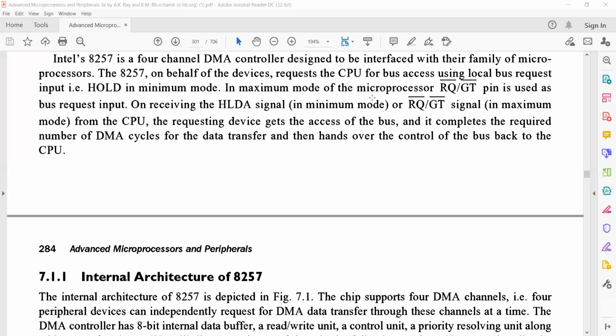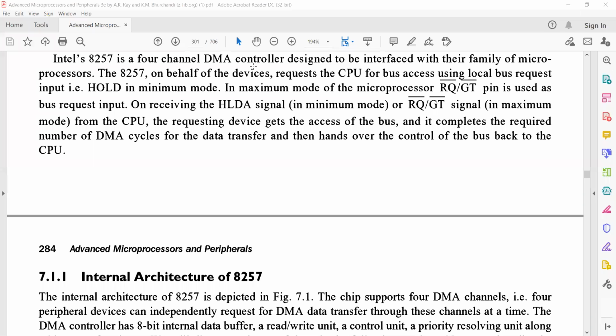This 8257 DMA controller is manufactured by Intel, and it is a 4-channel DMA controller. We'll understand in the architecture what those 4 channels are and how they work.